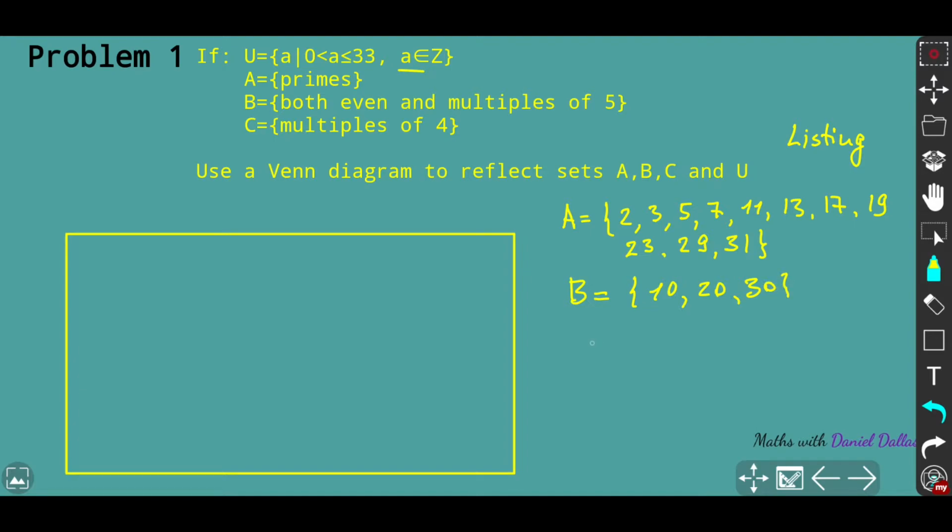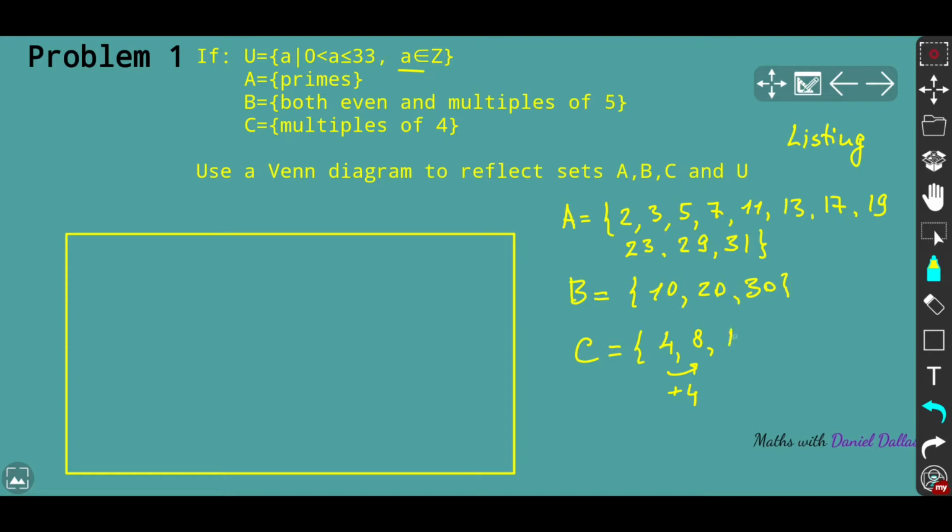Okay, set C, multiples of 4. Again, numbers that are divisible by 4 with no remainder. Starting from 4, of course, then 8. Every time we add 4, that's how we can easily find all multiples of 4.